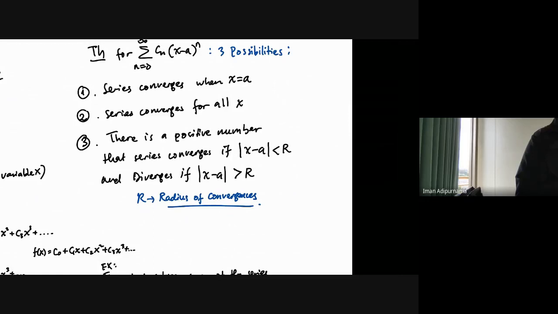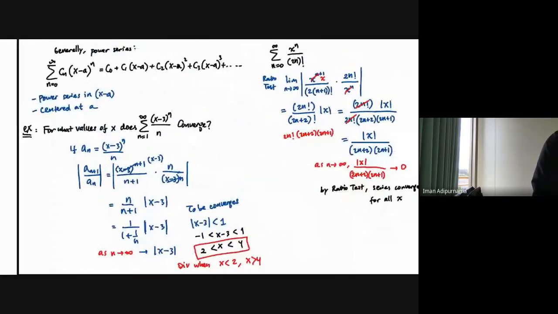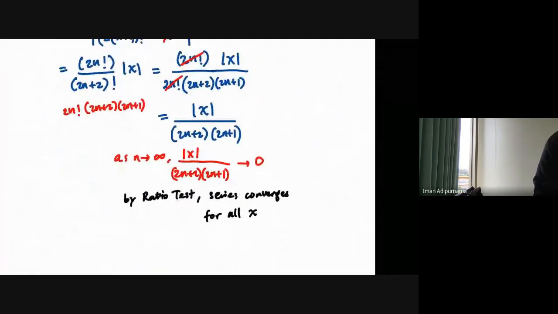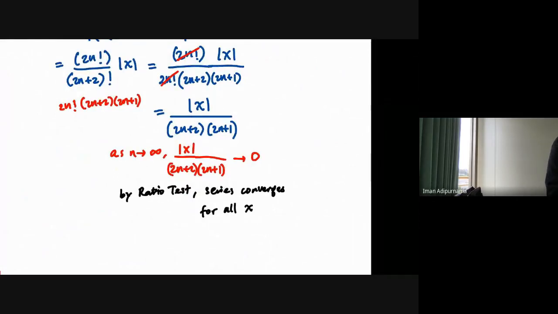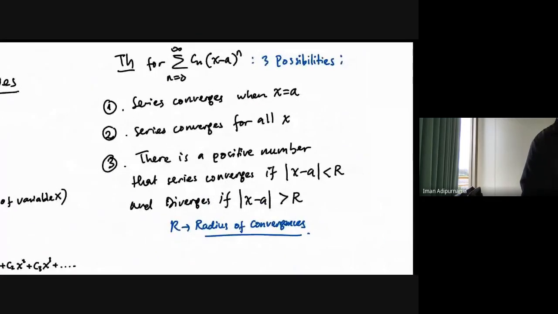It can be convergent only when x equals a, like before, where we stated that it converges when x equals 0. So that's the only way to be convergent. Or it will be convergent in a certain interval, like the x minus 3 one. And if the limit is 0, then all x will be convergent. Okay. So that's why we get these three possibilities.